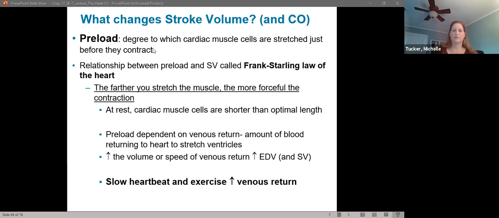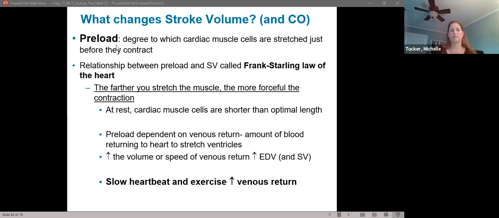Okay, so for preload, if end diastolic volume, the amount of blood in the ventricle, increases, it's going to stretch the ventricular muscle, and that stretch increases the number of cross bridges, and the contraction becomes more forceful to eject more blood.